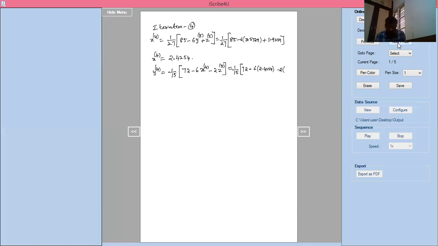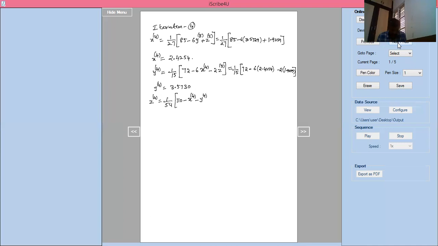What is the z of 3 value? 1.9259. If you simplify this, I'll get y of 4 as 3.5730.